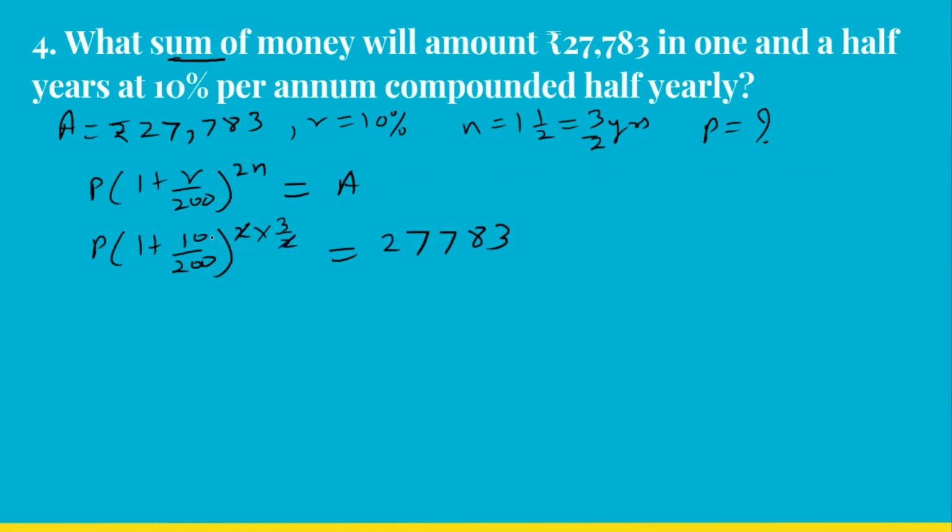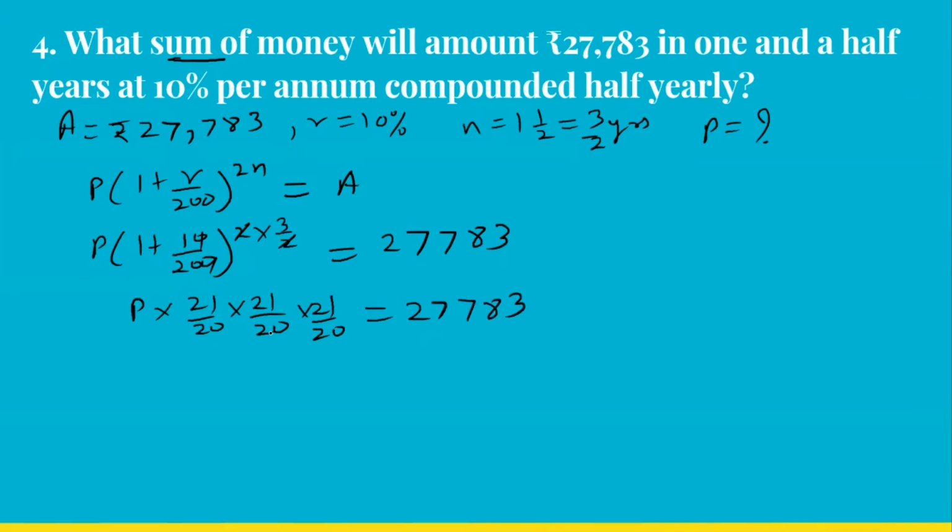Simplify this, the 2s get cancelled. We have here 1 upon 20, 20 plus 1 is 21. So you get P into 21 upon 20 thrice, 21 upon 20 into 21 upon 20 into 21 upon 20.